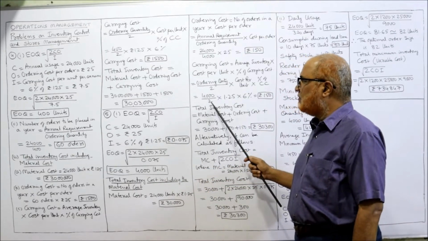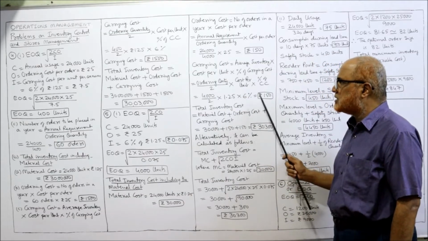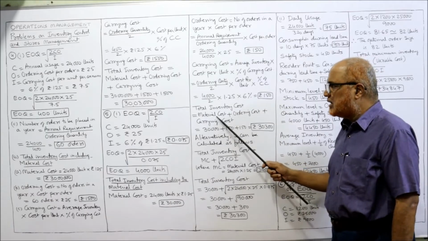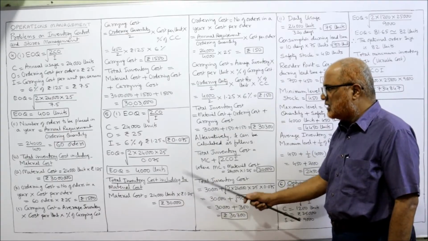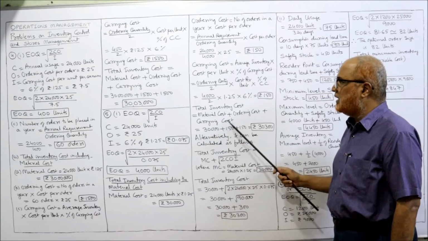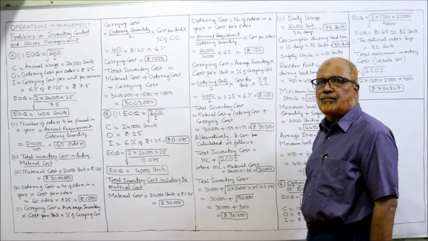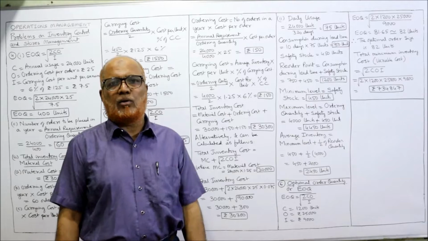So 4,000 divided by 2 into cost per unit 1.25 into 6%. You will get 150. So total inventory cost is material cost plus ordering cost plus carrying cost. Material cost 30,000, ordering cost 150, carrying cost 150. So 30,300 is the total inventory cost including material cost.